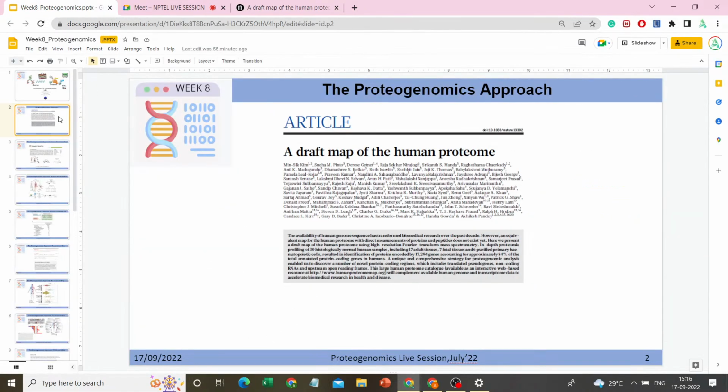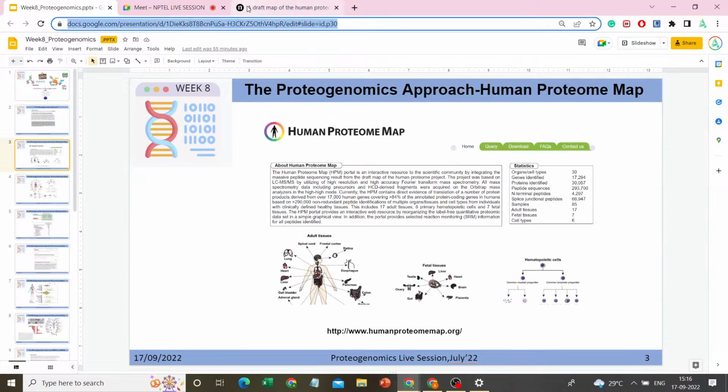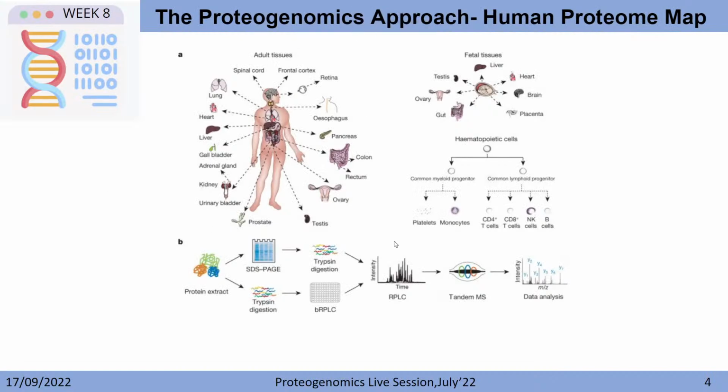If we look at how it was done in the workflow, we can see that the adult tissues were taken and the proteins were extracted using the lysis buffer. The lysis buffer composition you can find in the paper.